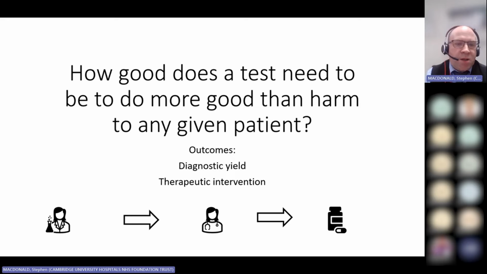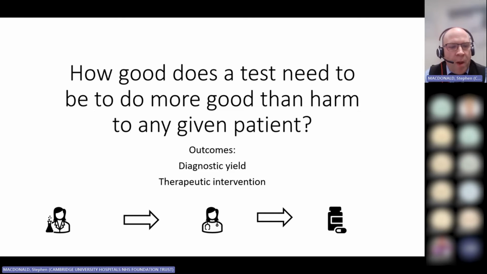Ultimately, the question that we ask and the way that we determine performance specifications is by asking the question of how good does a test need to be to do more good than harm to a given patient? And that's a very high level look at it. But ultimately, we want to be ensuring that the information that we give to our clinicians is of value to those clinicians and can aid them throughout the pathway of a patient treatment.